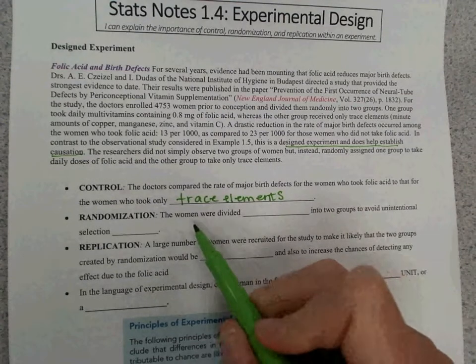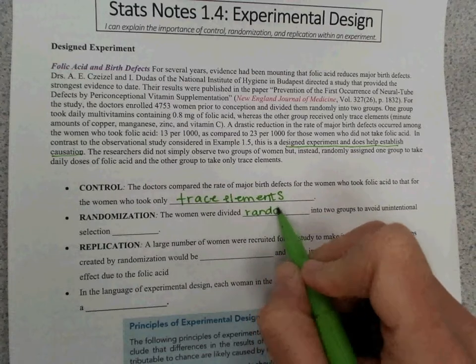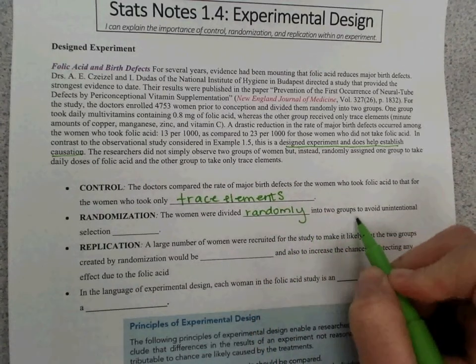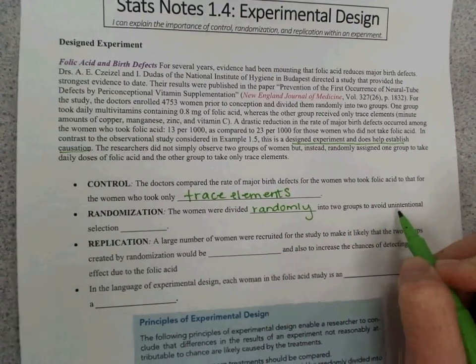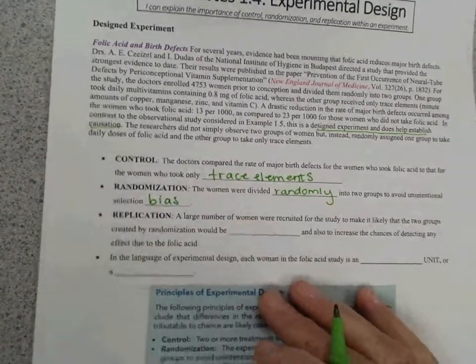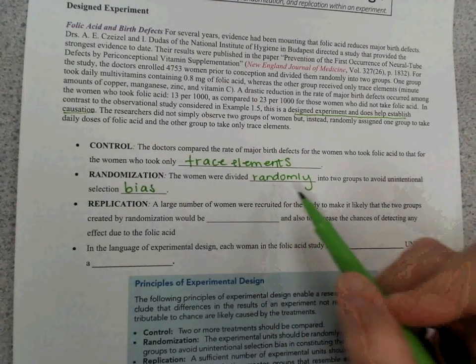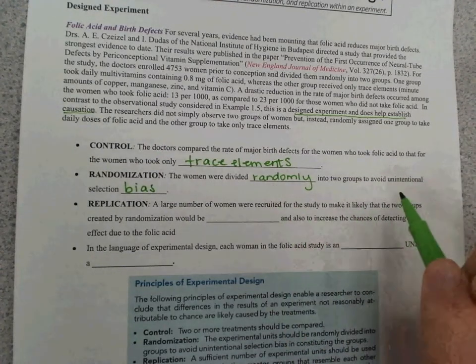The women were divided randomly into two groups to avoid unintentional selection bias. So we talked about that randomization in our earlier lesson that helps to avoid bias.